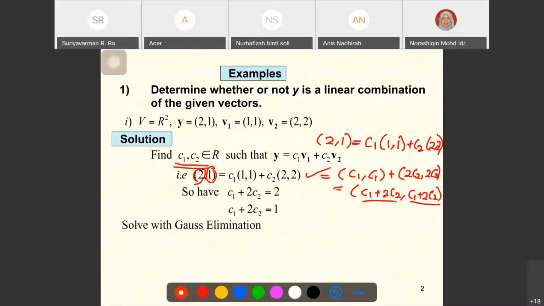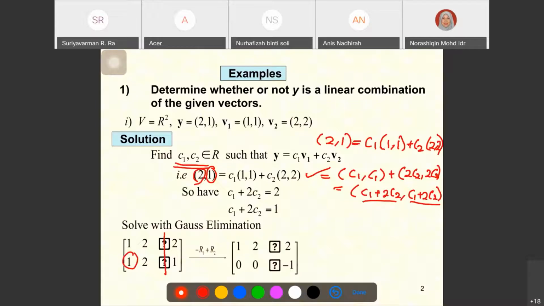So, let's see. The augmented matrix is 1, 2, 2 and 1, 2, 1. Take negative R1 plus R2. So you have 1, 2, 2 and 0, 0, negative 1.